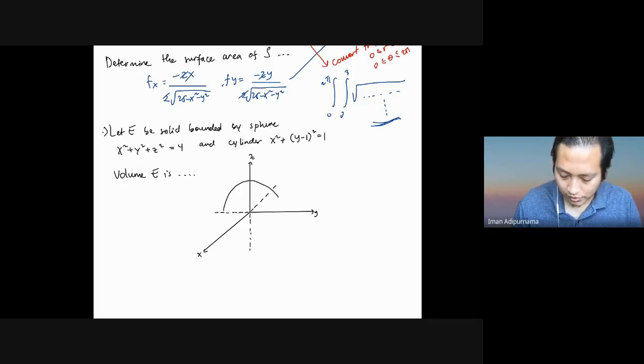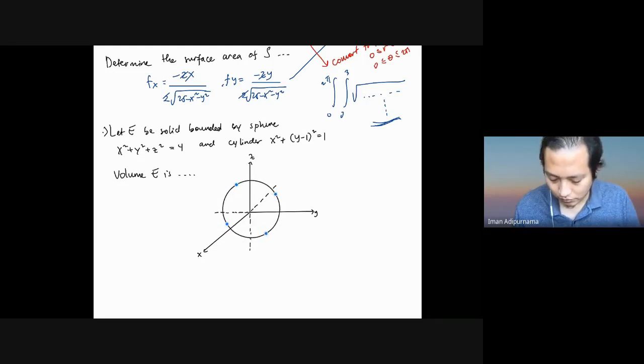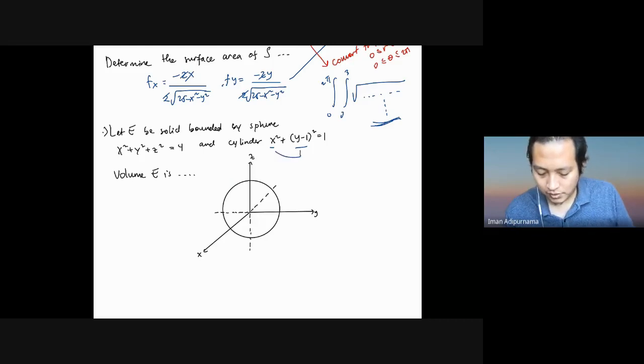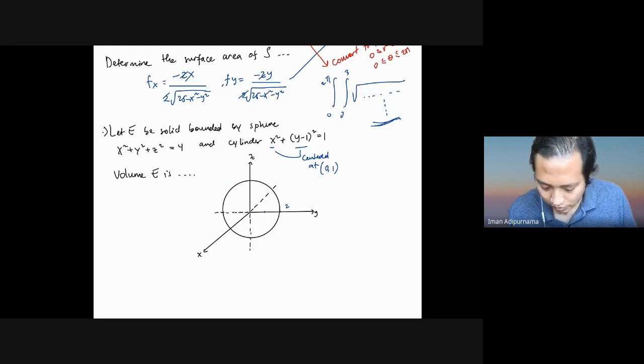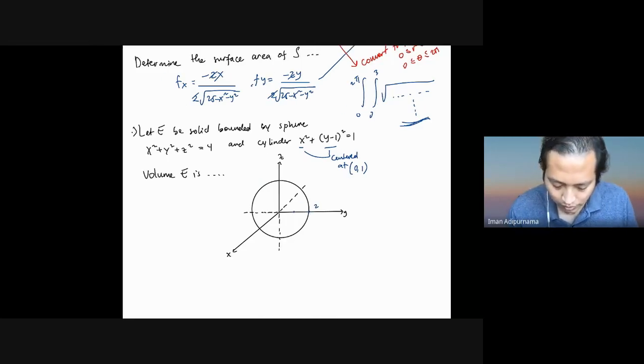Let me draw this sphere. Okay, and then let me draw the cylinder. Now the cylinder has x squared and then y minus 1 squared. Remember, in the circle, this is centered at 0, 1, right? Let's say 0, 1 is here, because this is radius 2. So this is r equal 2.